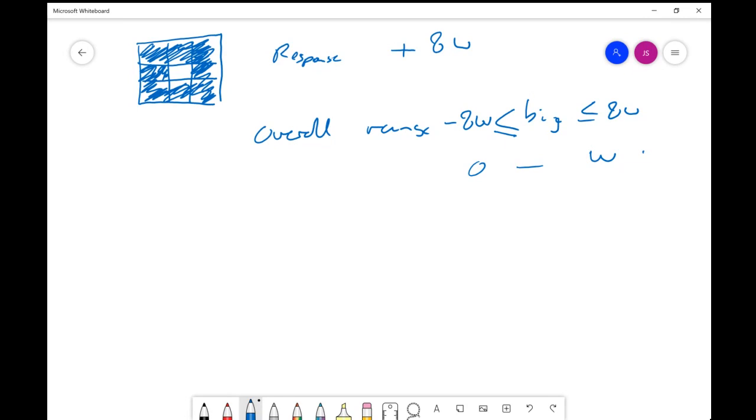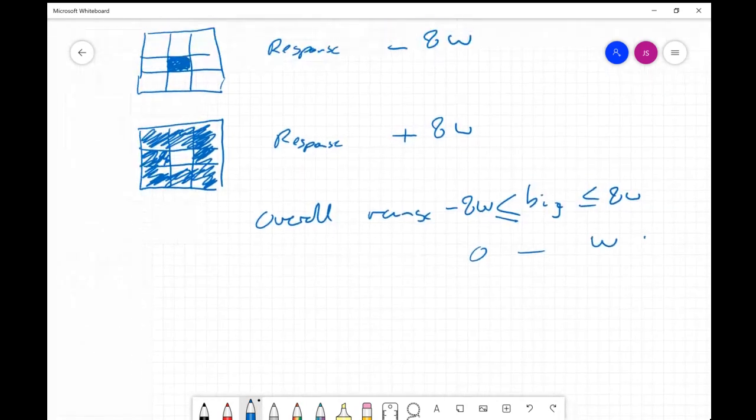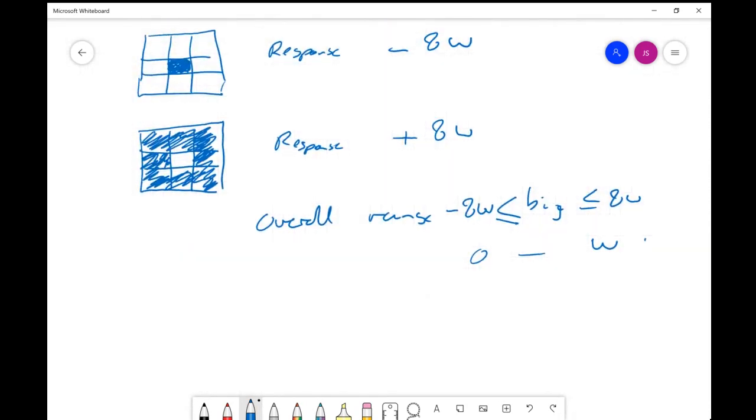The other issue is if we were doing high-pass filtering to enhance an image for human consumption, these two images here, where you've got a single black pixel in a white region or a single white pixel in a black region, you wouldn't be able to detect those as humans. They would be insignificant visual features of the image.